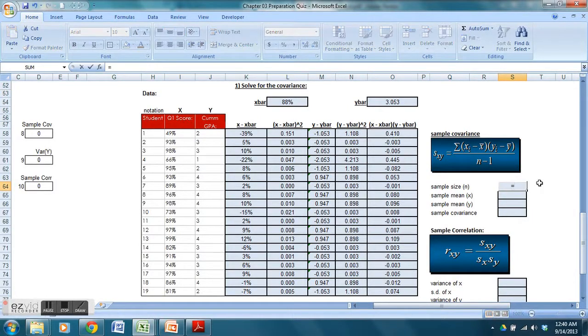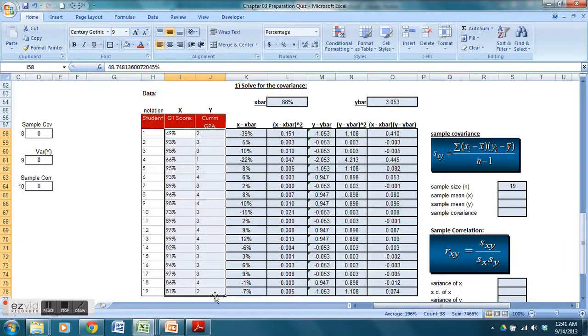So our sample size is 19. Now notice how for sample size I just used the count of x, not a count of x and y, not everything in this table, because this x-y combination represents one observation, and sample size is the number of observations that you have.